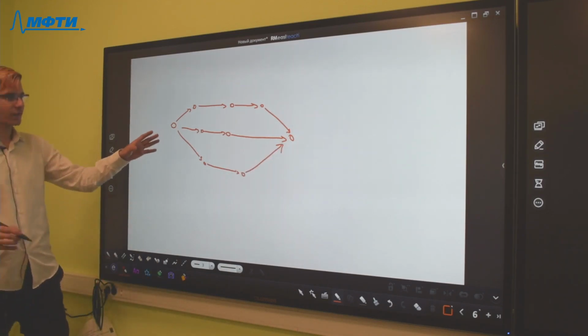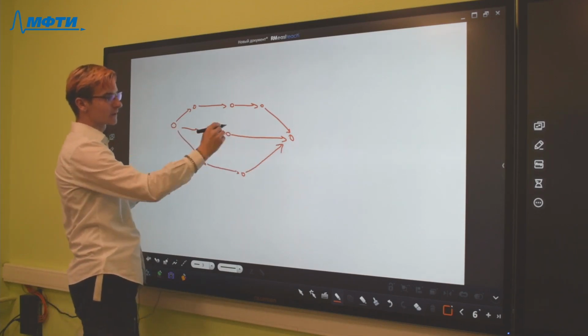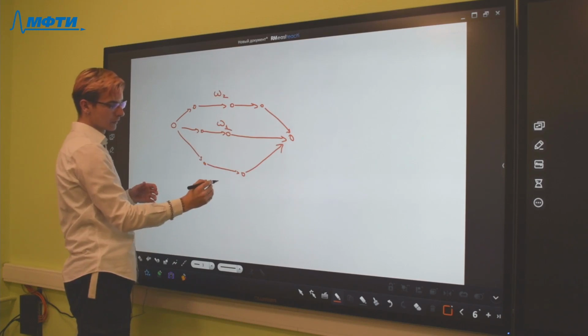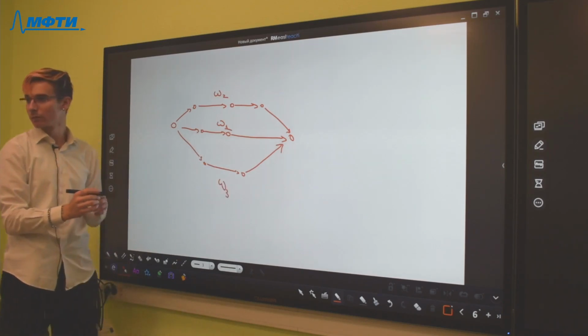I set the weight of this path equal to weight 1, weight 2, weight 3.